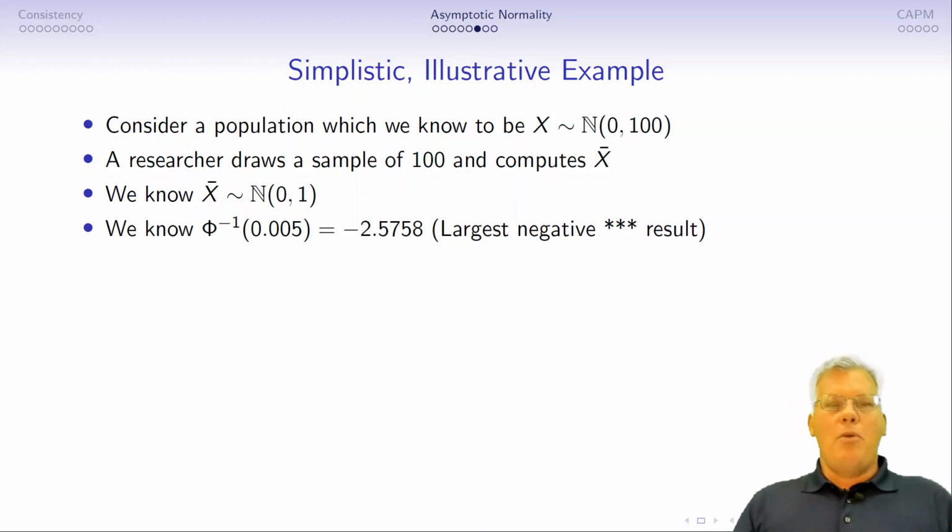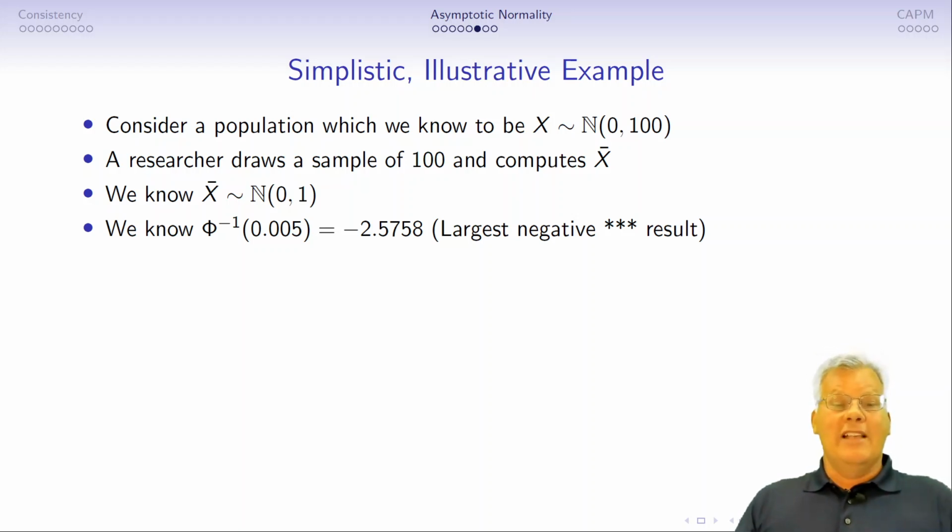Okay. So to give you a simple idea of how this works, what if we had a population which we knew with certainty was normally distributed with a mean of 0 and a variance of 100. So X is distributed normally, mean 0, variance 100. And suppose that a researcher draws a sample of 100 and computes X bar. Now, we know that X bar will be distributed normally.